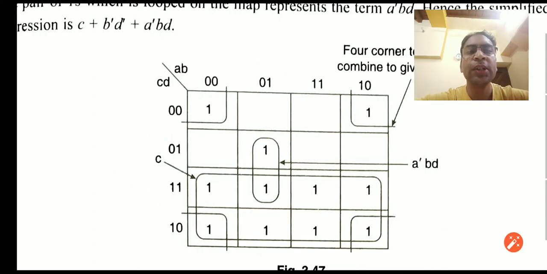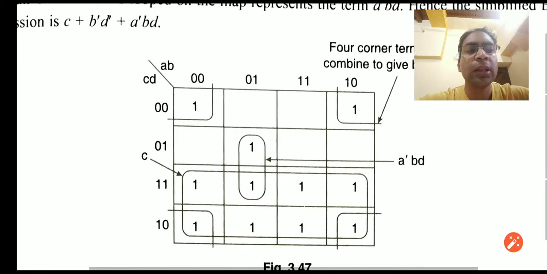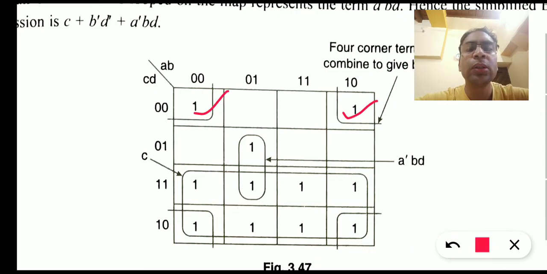Now let's consider the quad. From these two, the common term is obviously B dash. And in the horizontal sense we have B dash, and in the vertical sense we have D dash.